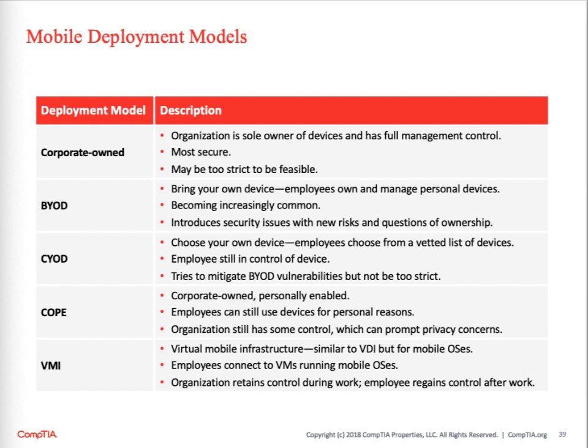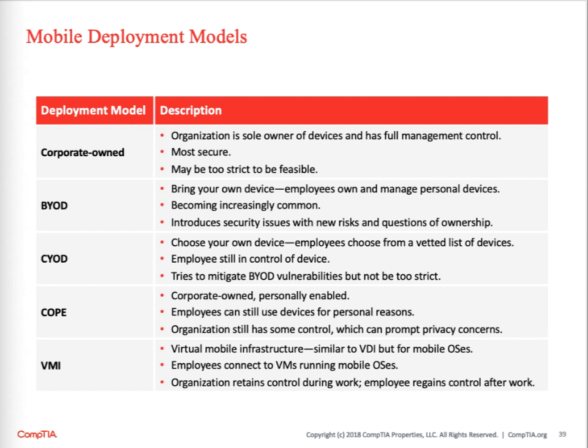Then we have COPE. So COPE is corporate owned, personally enabled. In this model, the organization allows an employee to choose the device that they want to work with, right? So instead of CYOD, where usually the device is basically their own device, they've just chosen from a list of vetted devices. This is where the employer has allowed users to select what device they want to use and allows them to use this device for personal activities.